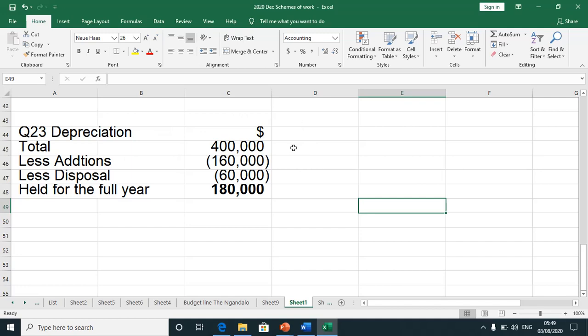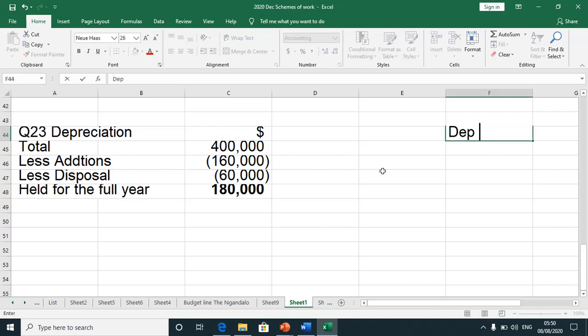Let us now begin. Forget about the 400 for now. Let's run with the other figures. I'd like to start with the assets held for the full year. For these assets, depreciation should not be very difficult. Let me calculate depreciation quickly for us.